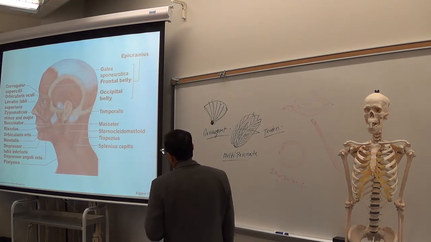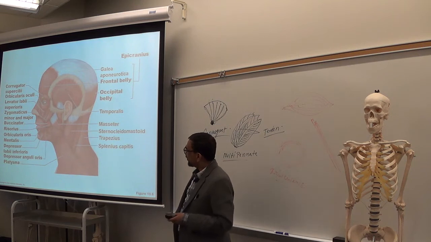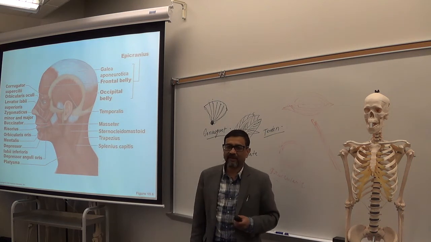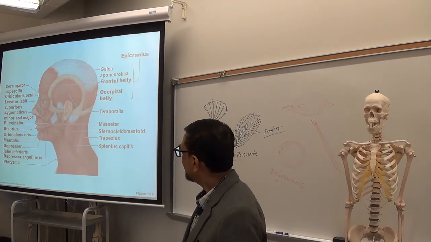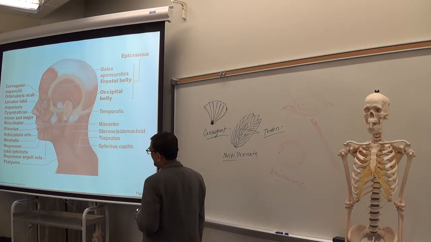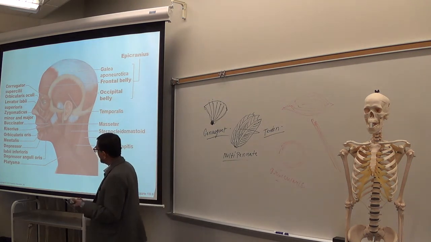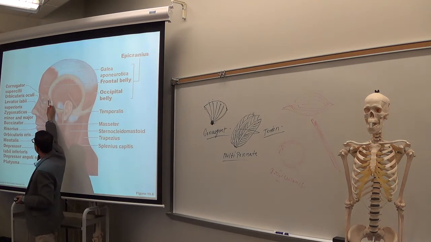So here you see temporalis, cranial muscle, occipitofrontalis, occipital and frontal belly connected by white sheet, that is galea aponeurotica, and also see the facial muscles. Now let's quickly review again. Two circular muscles, orbicularis oris, orbicularis oculi.